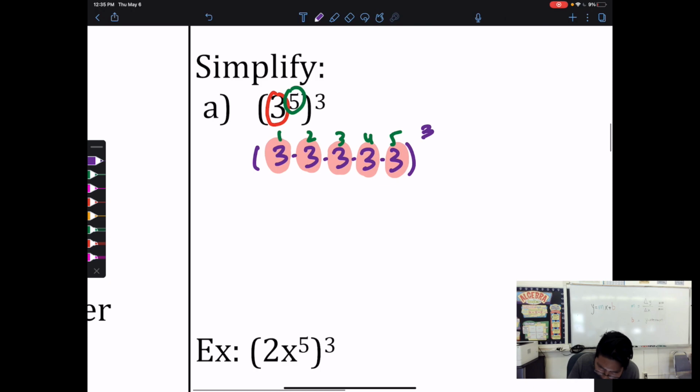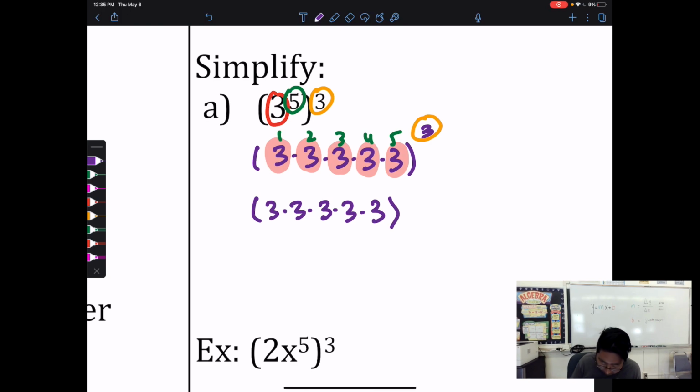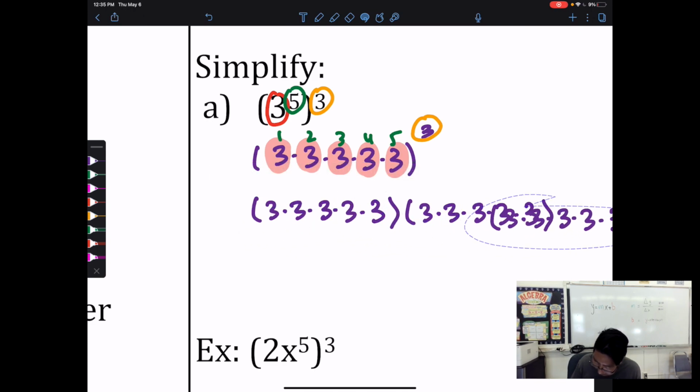That means that everything inside here is going to be raised to the 3rd power. So I'm going to go ahead and duplicate, or here I'll write it out the first time. 3 times 3 times 3 times 3 times 3. Okay? And we'll go ahead and duplicate this, because I don't want to write it all over again. And duplicate it again.